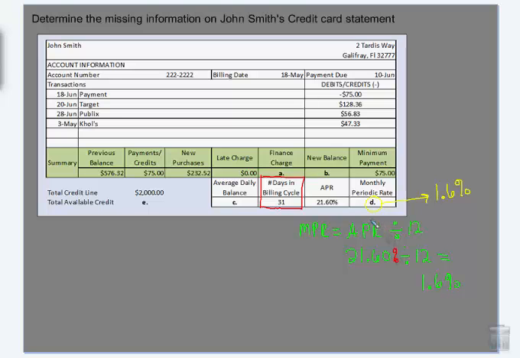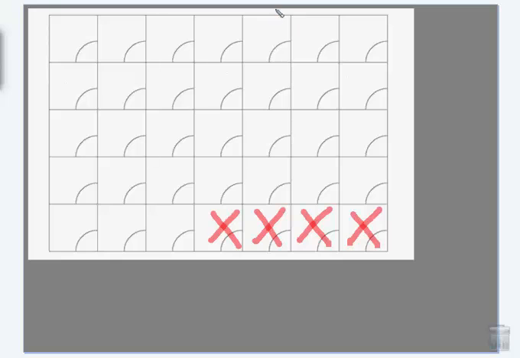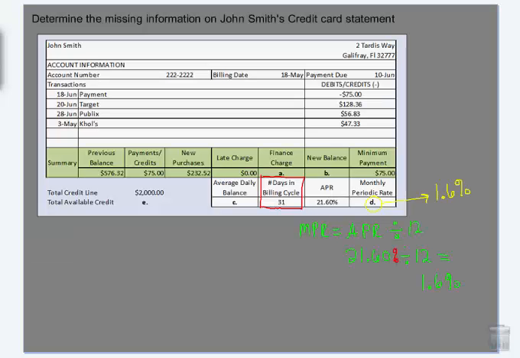Okay. So now I have my 31 days. The next thing I need to look at is the billing date. Oh, darn it. This is the one I messed up. Sorry about that. I forgot I didn't fix this.